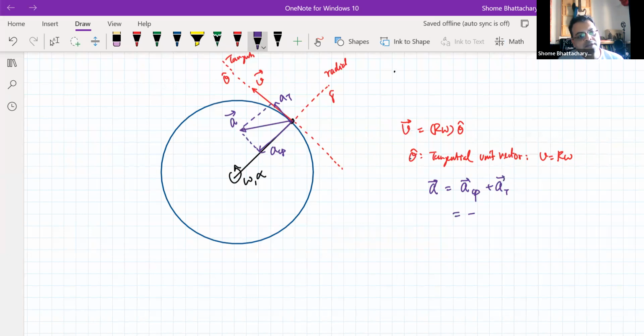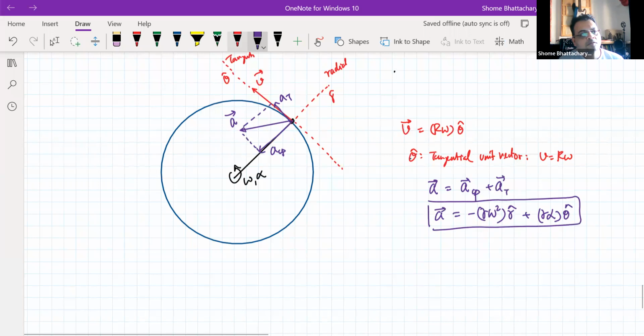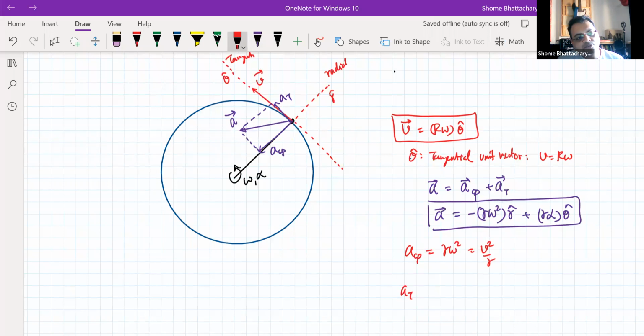So this is minus r omega square r cap. So this is the net acceleration. We can also see that the magnitude of centripetal acceleration is r omega square or v square by r. The magnitude of tangential acceleration is r alpha. Write it as capital R here.